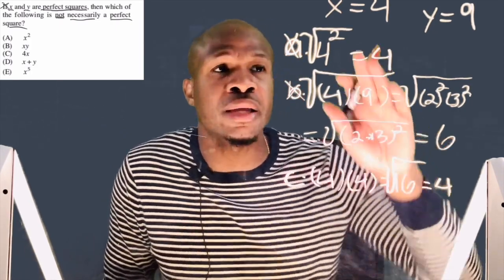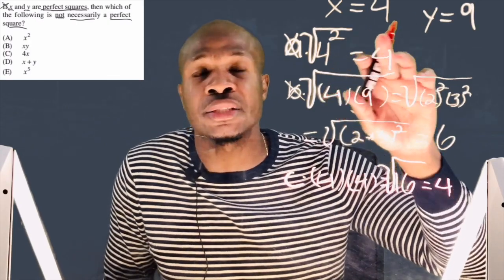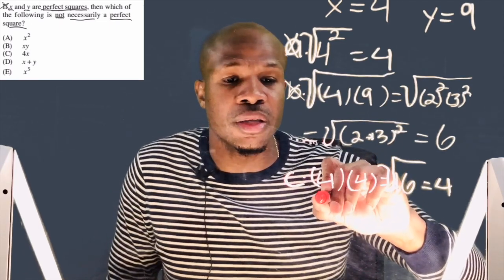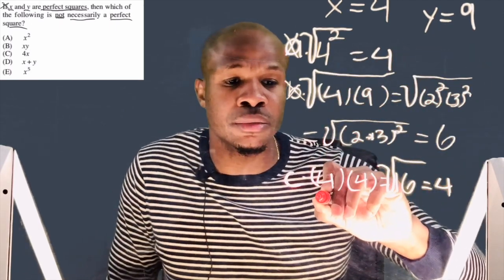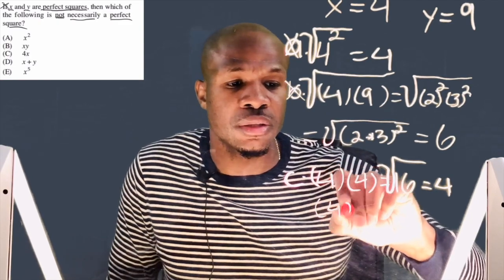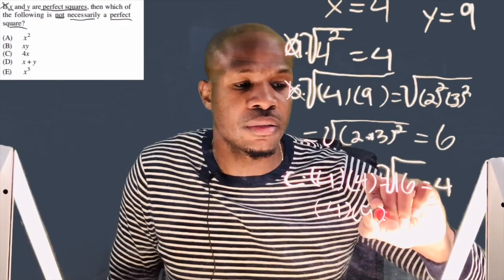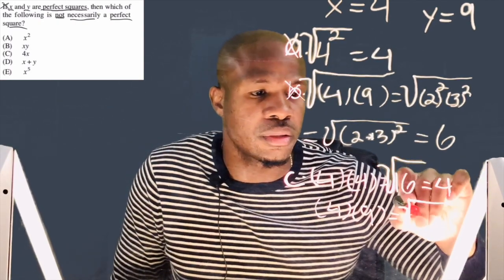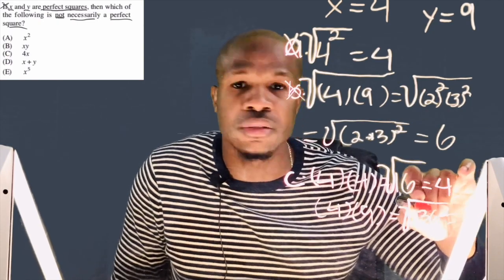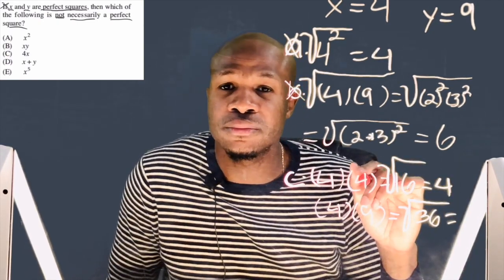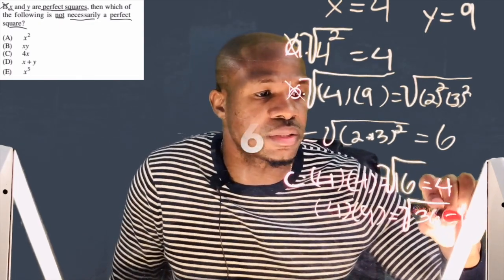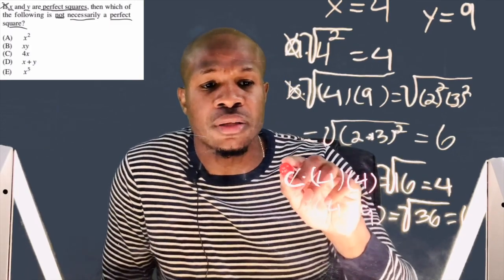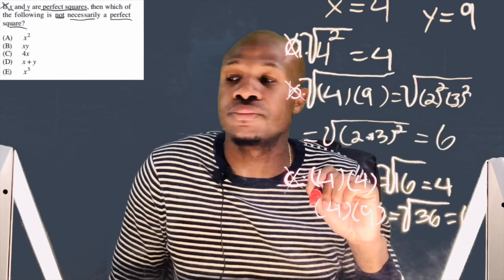But what about y? I could have easily let y equal 4 and let x equal 9. So I'm going to try this out again. So let's say x was equal to 9. So I'm going to do 4 times 9, and I get the square root of 36. Is that a perfect square? Yeah, 6 times 6 is 36. So this is also a perfect square, and it's not my answer.